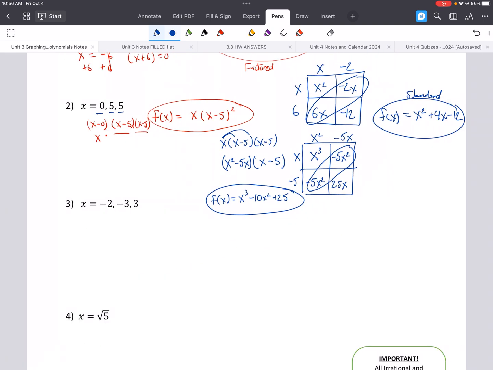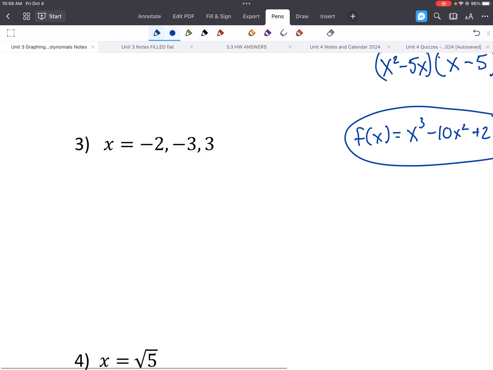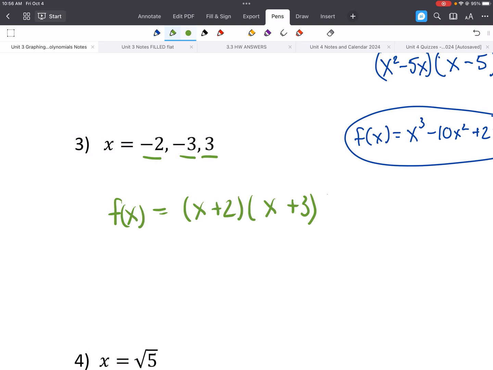Okay, last one with rational numbers. Again, we would want to write that out. Again, each of those will give us our factors. We'd get f of x equals x plus 2, x plus 3, and x minus 3.